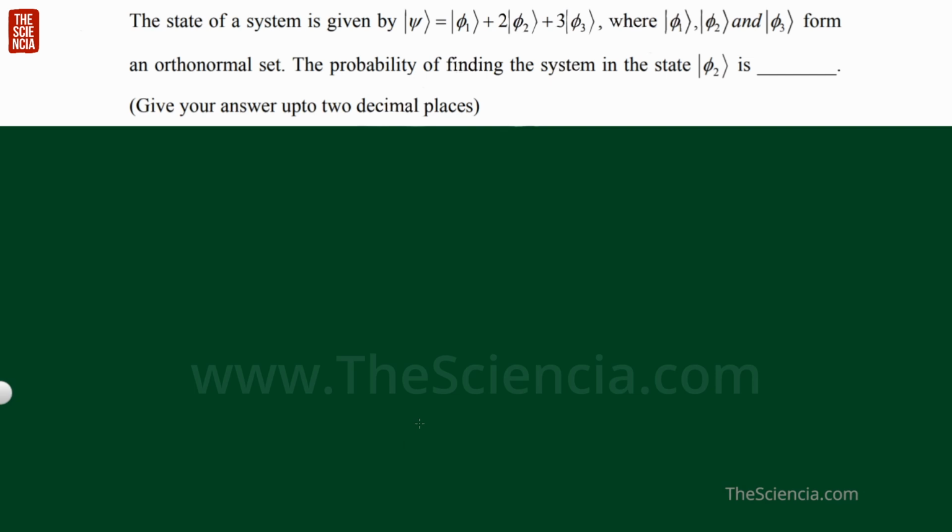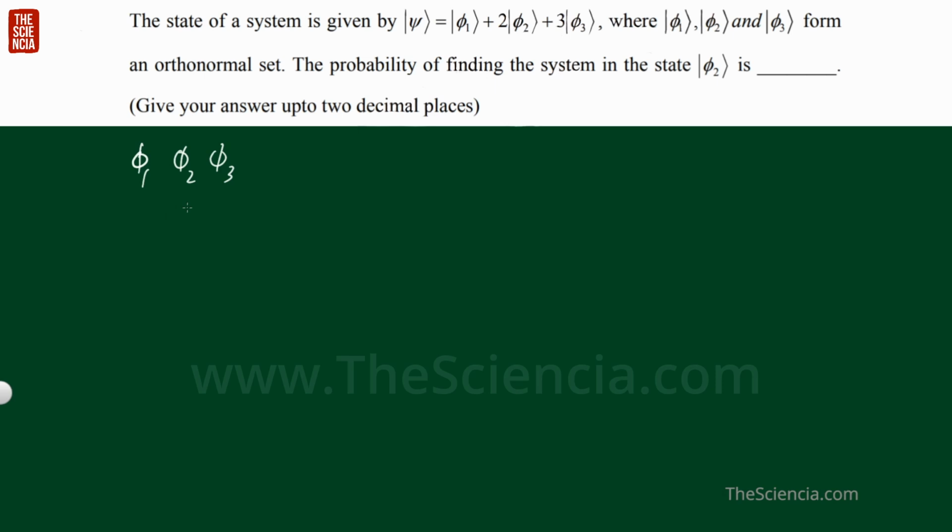Here the state of a system is given. That is, psi is equal to ket psi 1 plus 2 psi 2 plus 3 psi 3. So the particle can be in any of these states, that is psi 1 or psi 2 or psi 3. Okay. And the state of the system is the combination of these three wave functions.